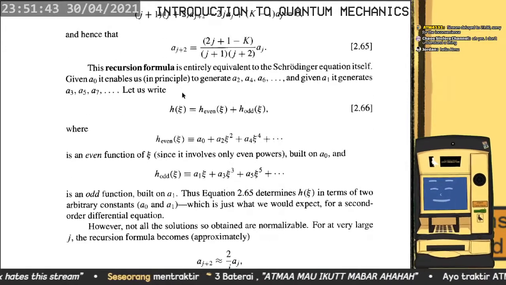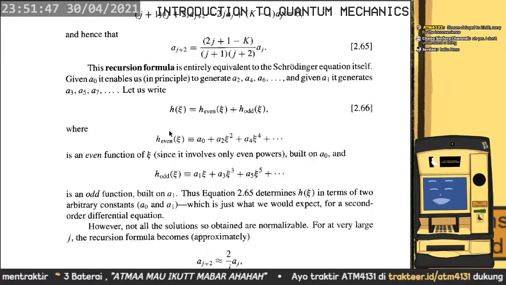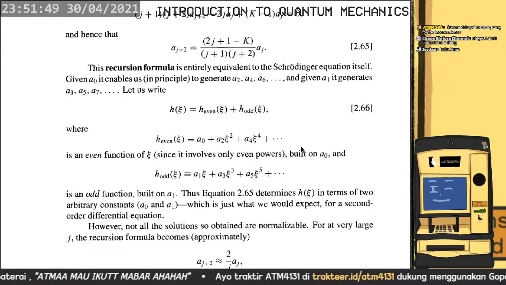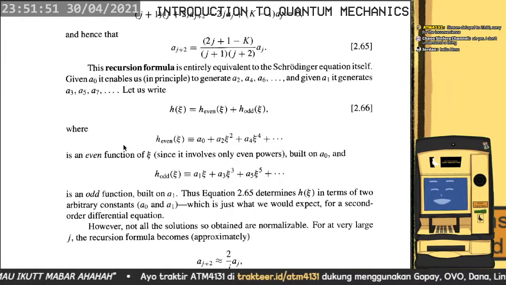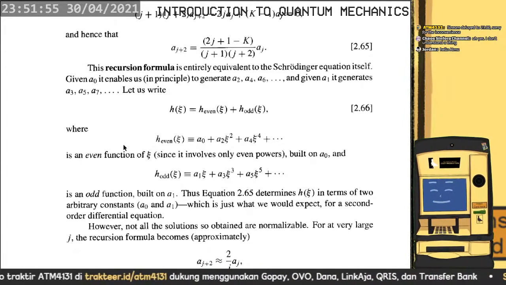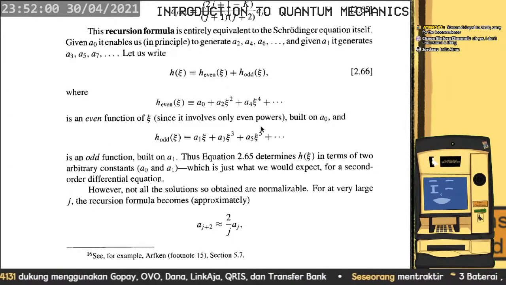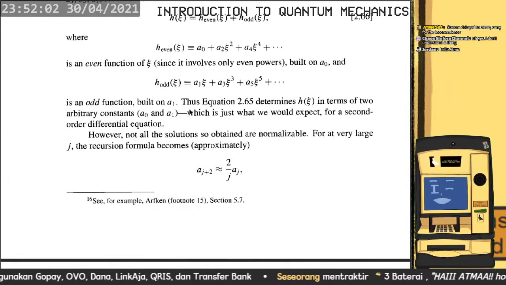Let us apply it. h(ξ) = h_even(ξ) + h_odd(ξ), where h_even(ξ) = a0 + ... is an even function of ξ, since it involves only even powers built on a0, and h_odd(ξ) equals this, an odd function built on a1.